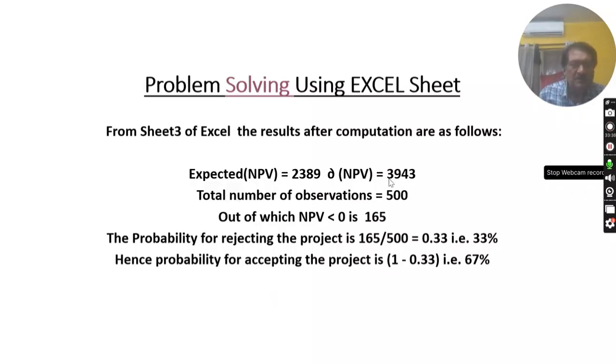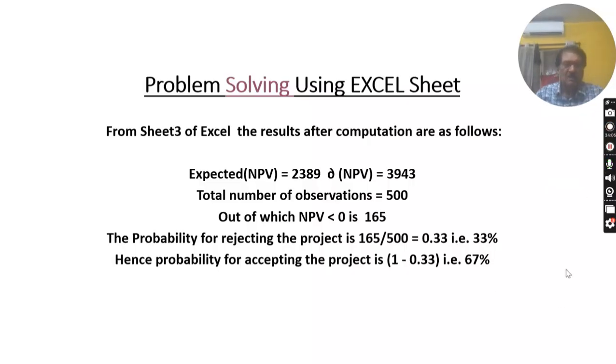Expected NPV is 3943 and the total observations 500, and NPV less than 0 is 165, and the probability for rejecting the project is 165 divided by 500, that is 33%. Sir, this result is different from the previous one. That I have already discussed, because I have taken a specific case.